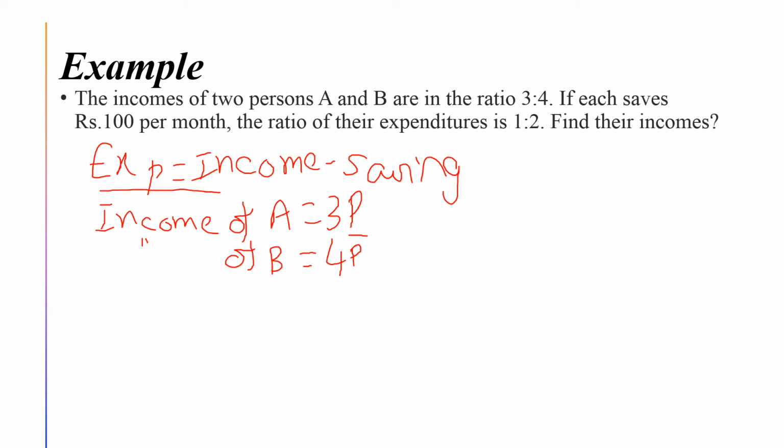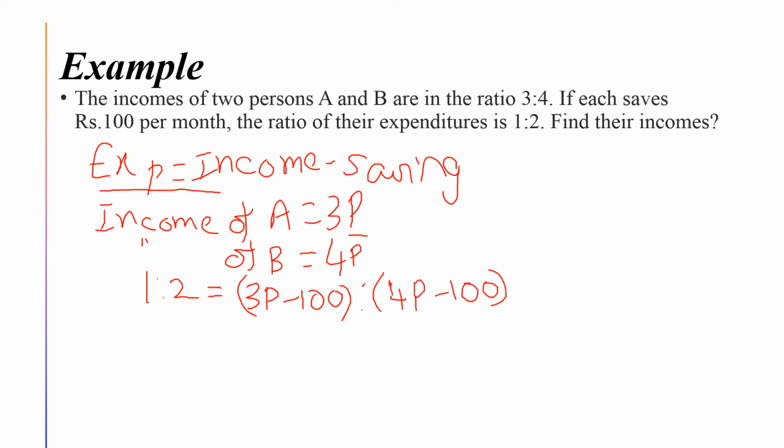Substitute these values in the above equation, that is, expenditure is equal to income minus saving. The expenditure ratio is 1 is to 2, and income minus saving is 3p minus 100, since each person saves rupees 100 every month. So we put it like this: 3p minus 100 is to 4p minus 100.